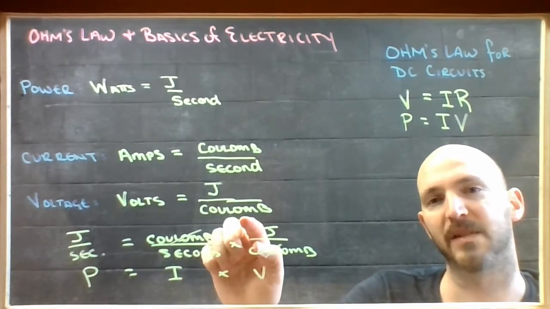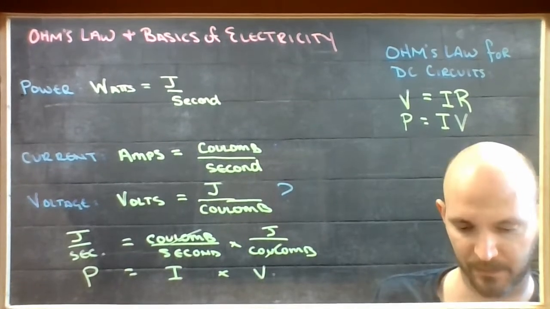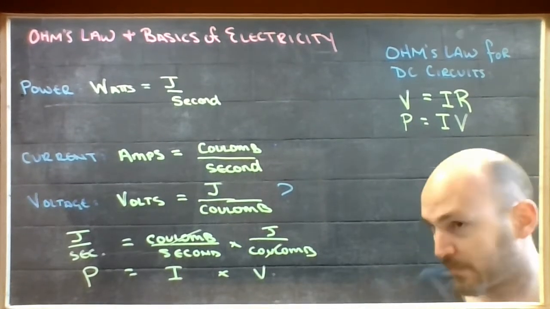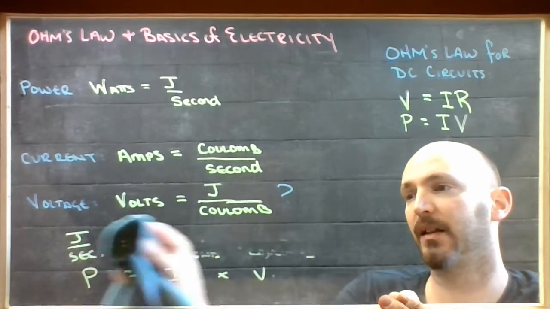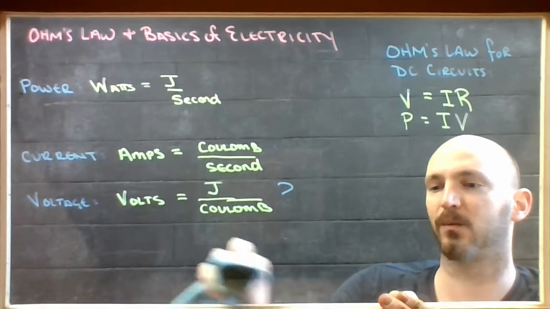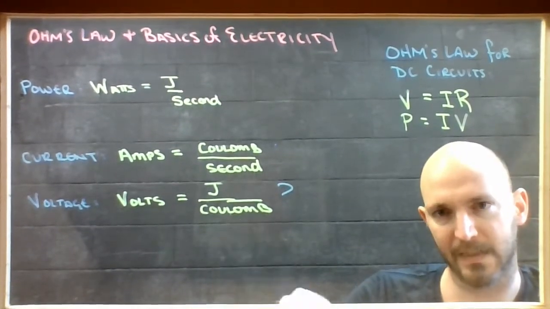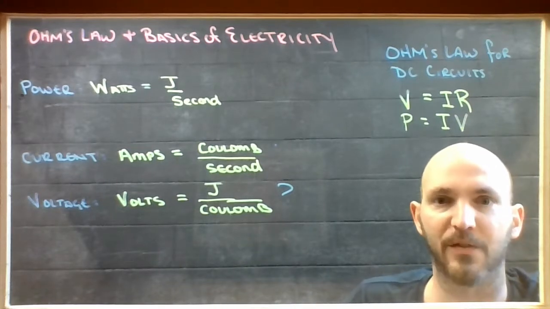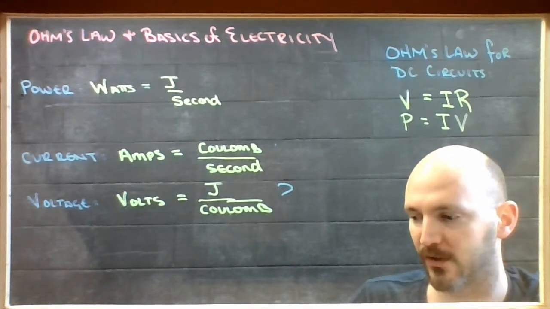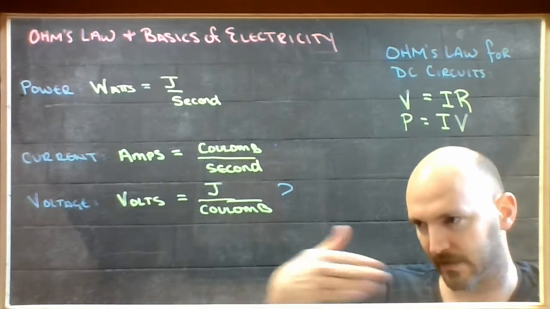But what does this mean? Right, question mark. Joules per coulomb. Well, if you think about that, when a battery is working, it has electrons coming in one end and coming out the other. So it's doing that in, well, you can measure it in chunks, right? The same way as you watch cars go by on the highway.